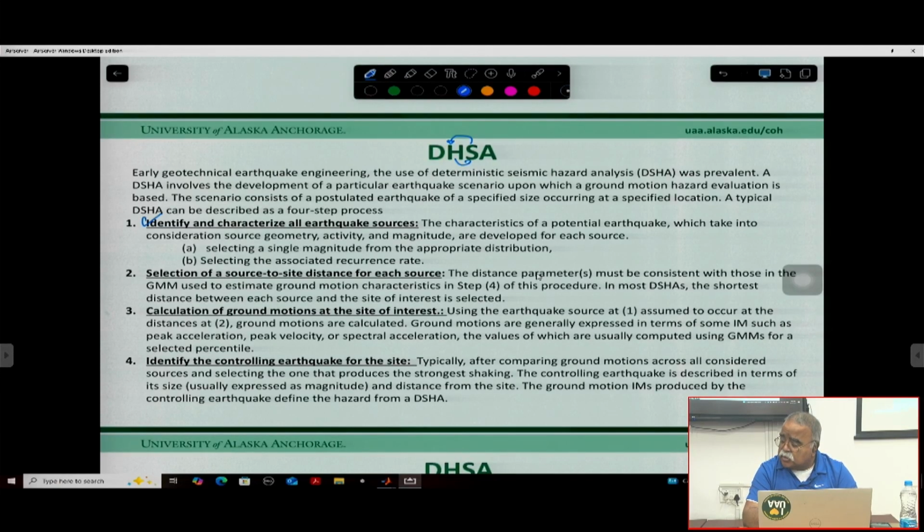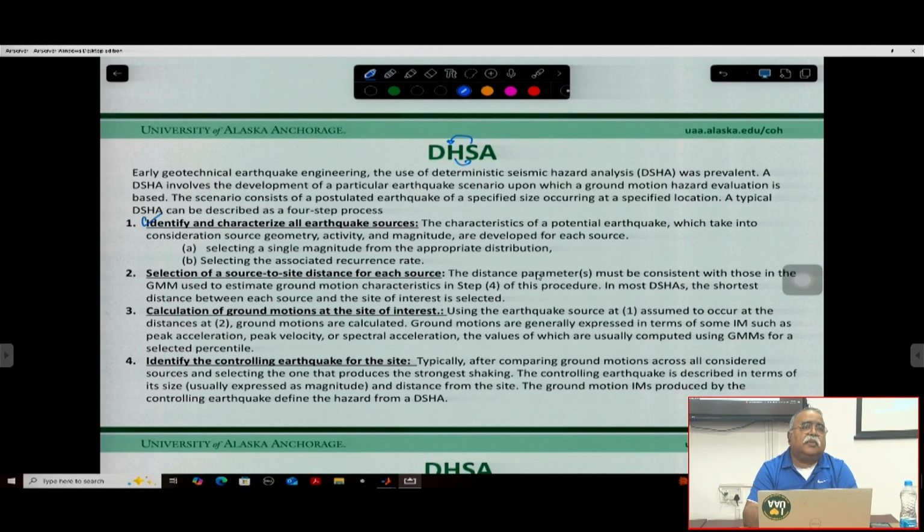So select those source-to-site distances, and then calculate the ground motion based on any attenuation relation, where you give the magnitude, give the distance, and calculate the PGA or the SA values, just like we have done last time.